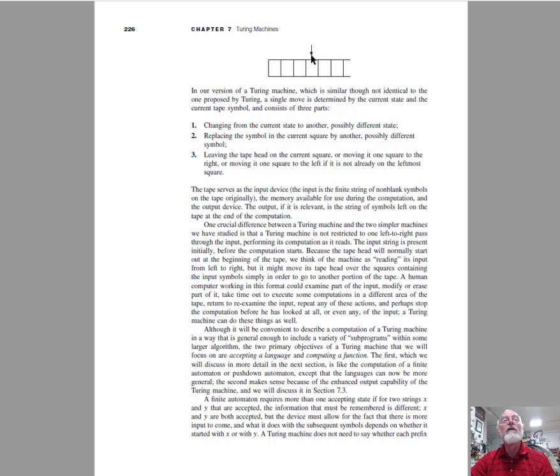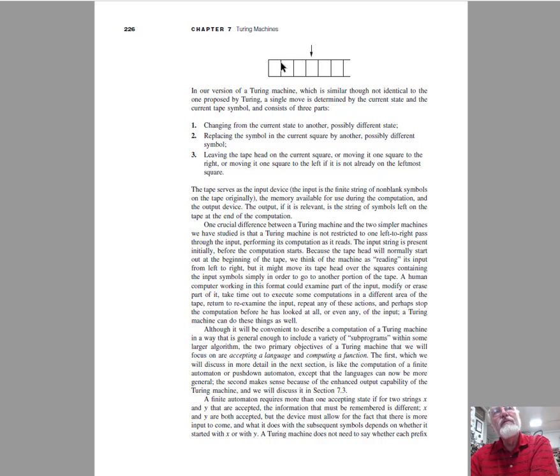This arrow indicates a read-write head. It's able to read what's in this cell, and then write something into that cell. The next thing you get is the ability to move. We're used to going in the forward direction, but Turing's machine allows you to go backwards as well, as long as you're not in the first cell, cell number 0.